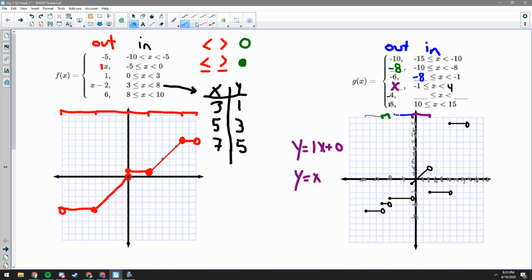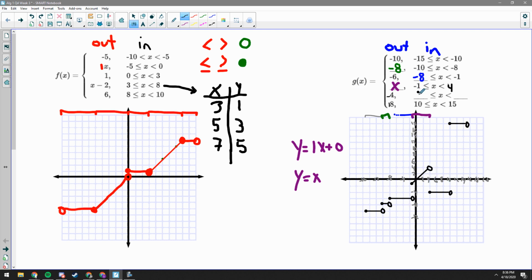All right, next one. Looks like I'm missing my input values, but I know my output is going to be negative 4. So my output is negative 4, means it's going to be right there. Well, the only spot that this function is equal to negative 4 is between these 2 points right here, between 4 and 10.